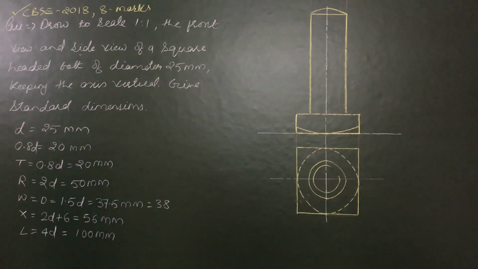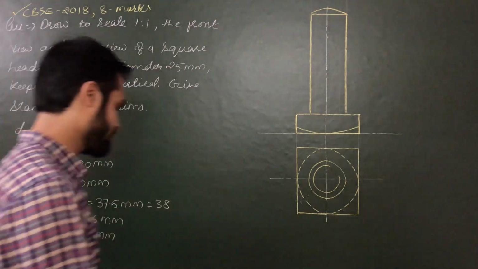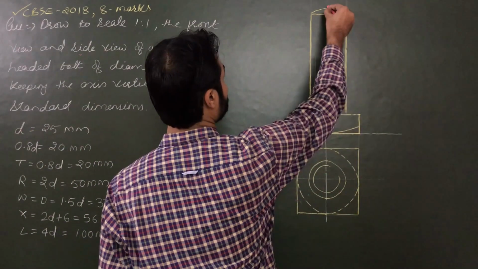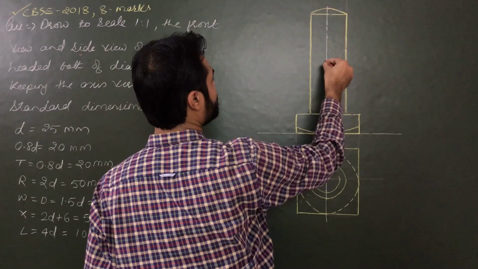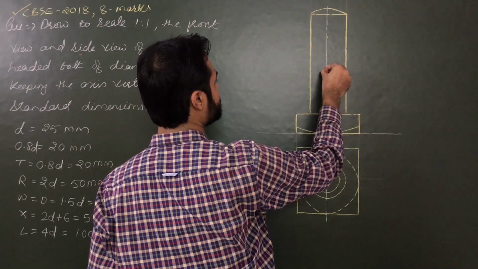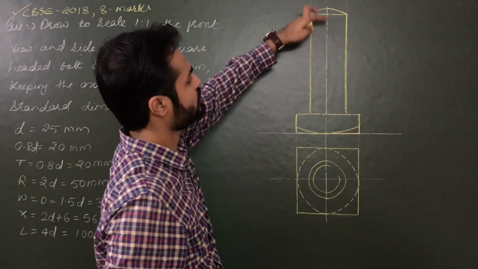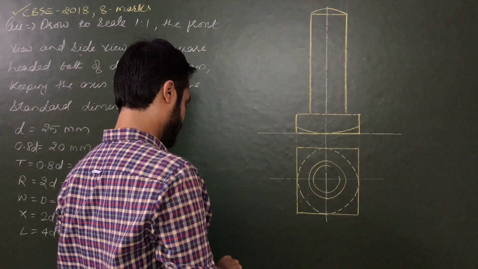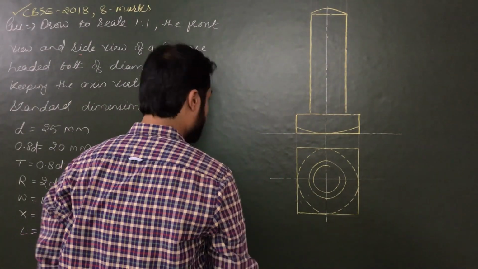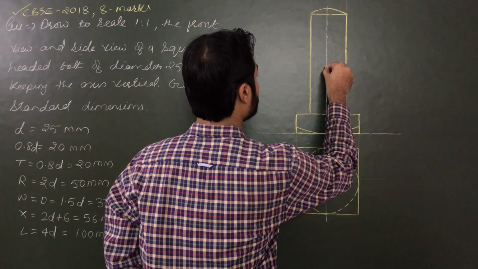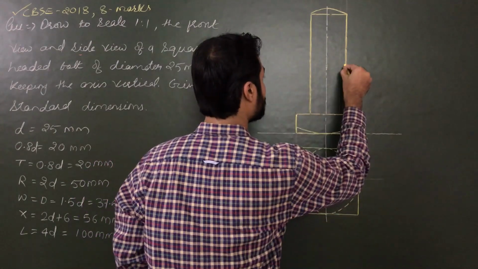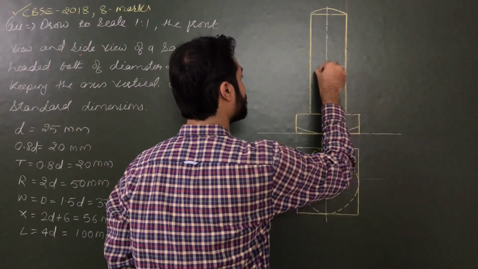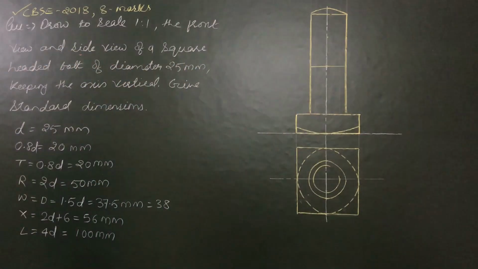These are limits, and then we have to mark the length of the thread. 2d plus 6 equals 56 mm. So from the last end, the tail end, 2d plus 6. Say this is the length, 2d plus 6. Draw a line parallel to XY.